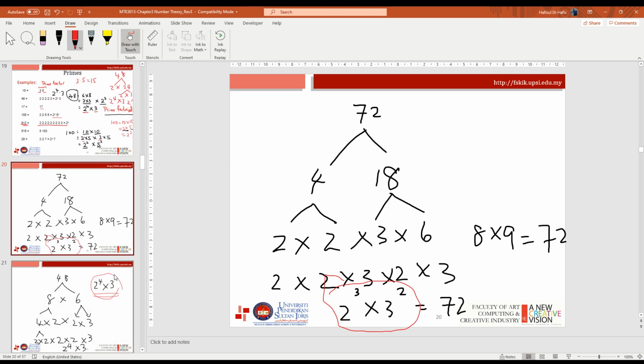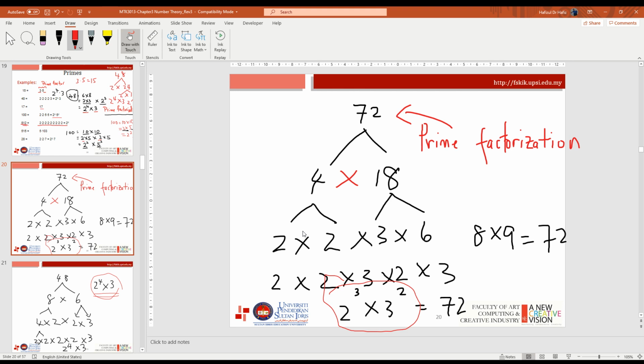Okay, another example is 72. We have prime factorization. Call it prime factorization. We got 4 multiplied by 18 and 2 multiplied by 2 multiplied by 3 multiplied by 6.